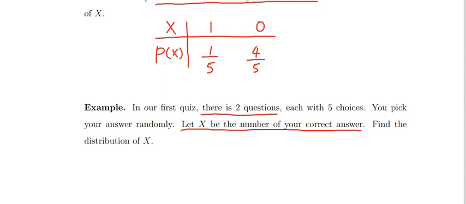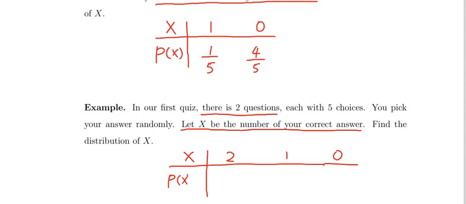In this case, the best case is you get 2 answers correct for both questions. x can be 2, 1, or 0, right? So let's check the probability.